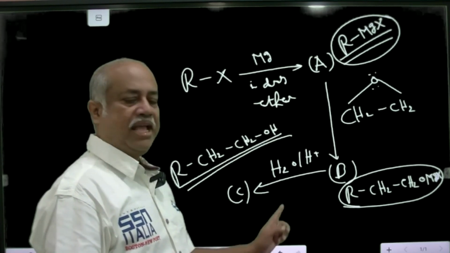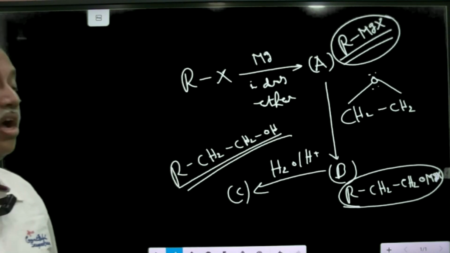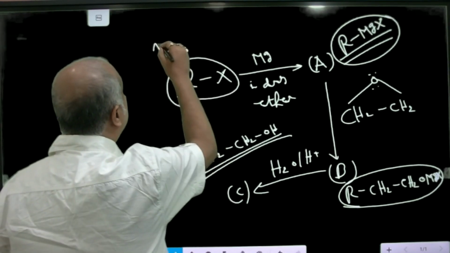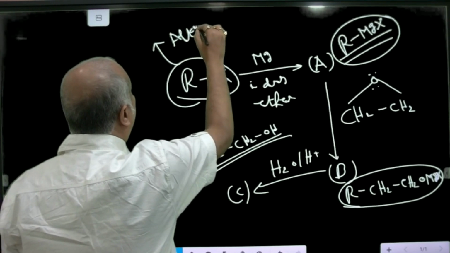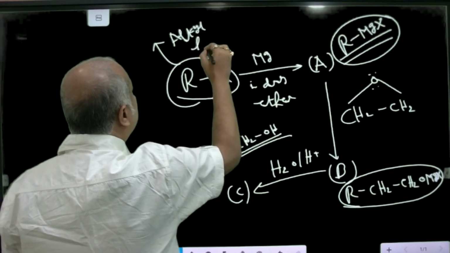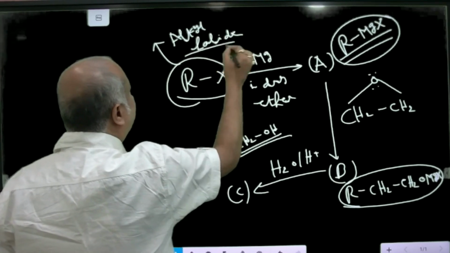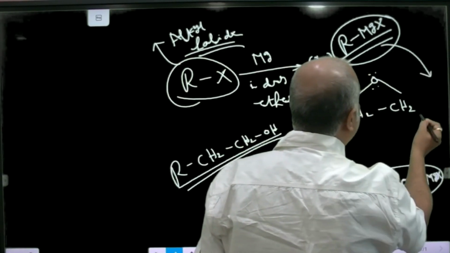Here is another example of the Grignard reagent. I will start from alkyl halide. After that, that is Grignard reagent.